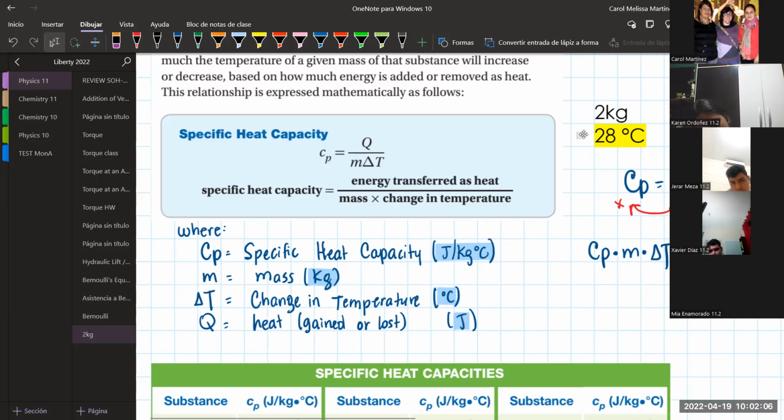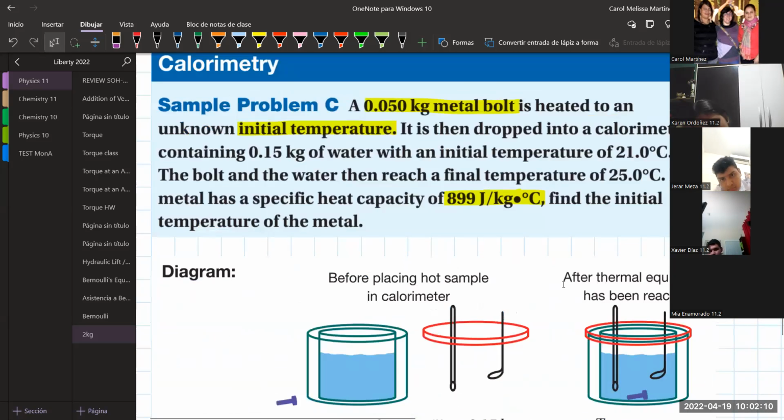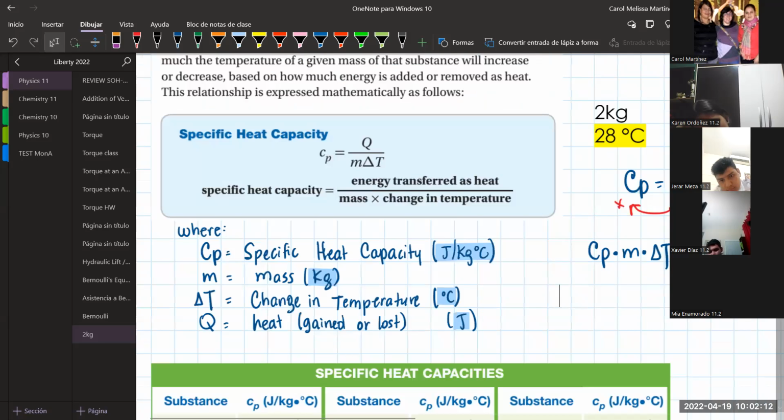Now, this is the formula for specific heat capacity, but in calorimetry exercises, we're not going to be using specific heat capacity, but the formula isolated for energy, or for heat. So how do we transform this formula into the energy equation?